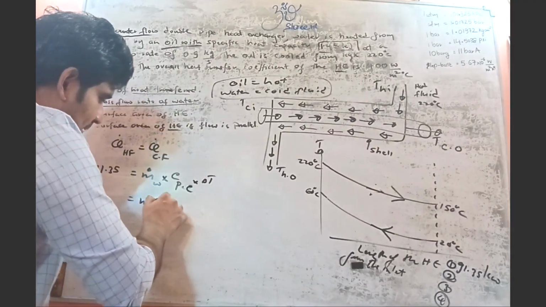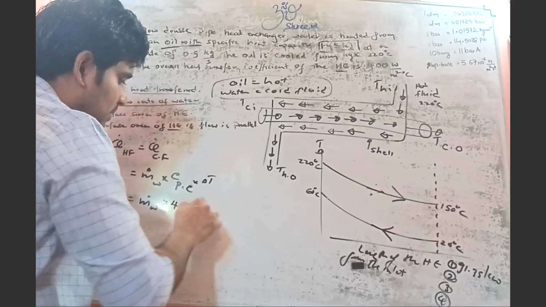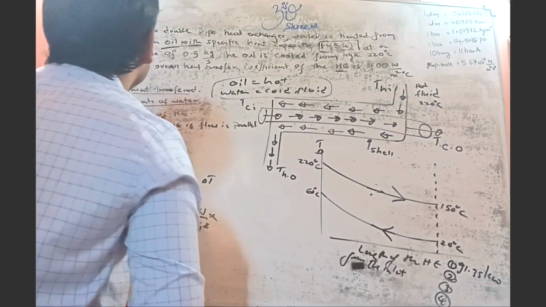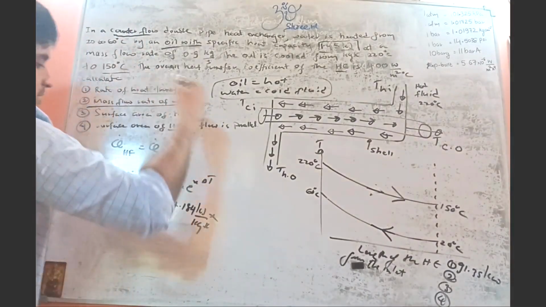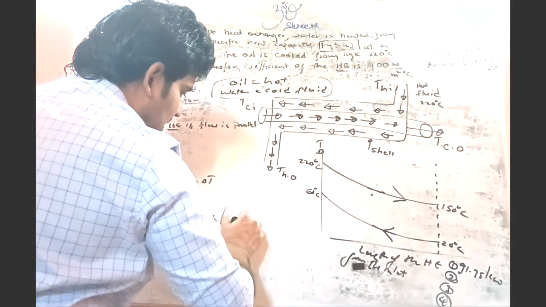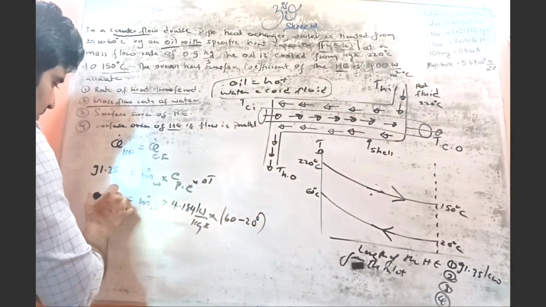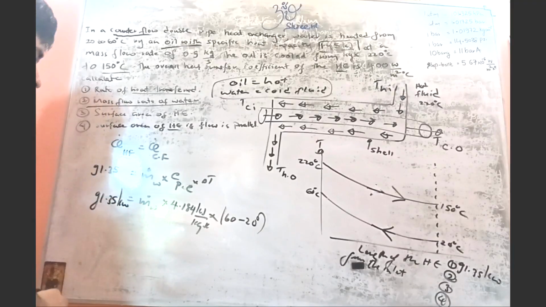What is the specific heat capacity for water? 4.184 kilojoules per kilogram per Kelvin. Temperature difference: 20 is the inlet, 60 is the outlet. So 60 minus 20. This equals 91.35 kilowatts.